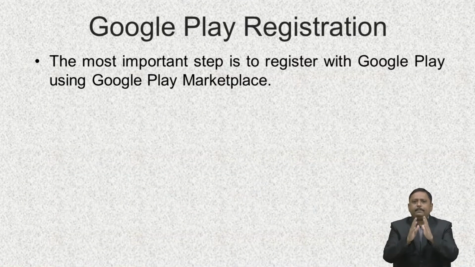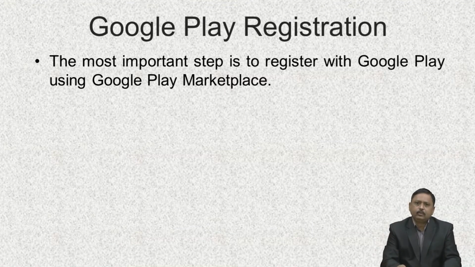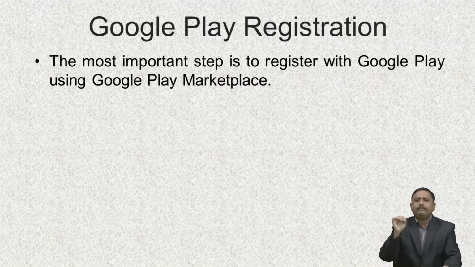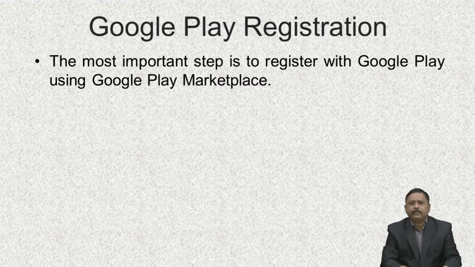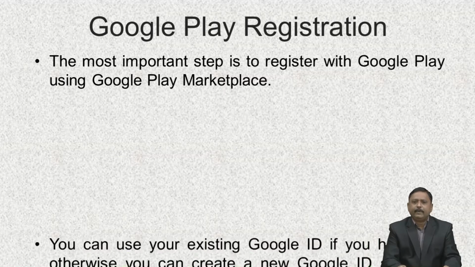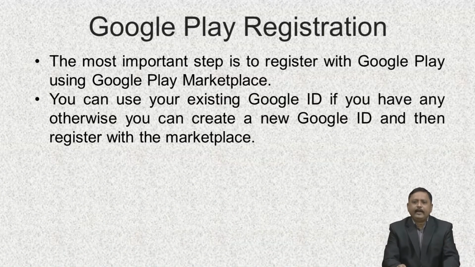The important part is, after generating this signed APK, the next thing you require is Google Play registration. It is the most important step, and you have to register with Google Play using the Google Play Marketplace. You can use your existing Google ID if you have any.